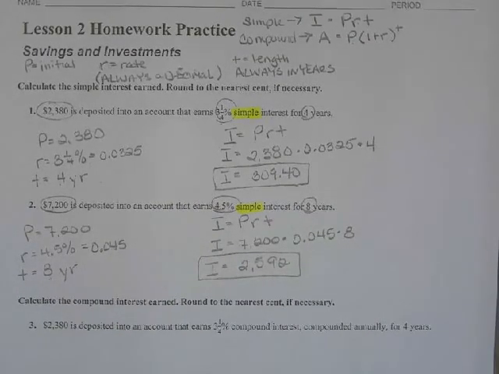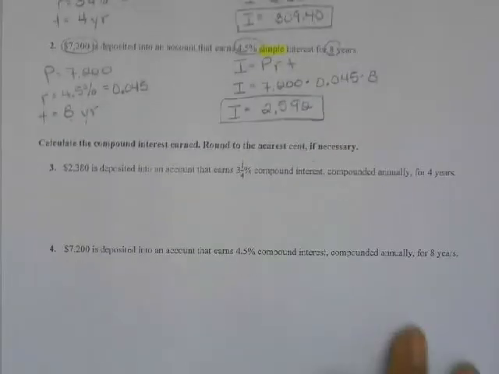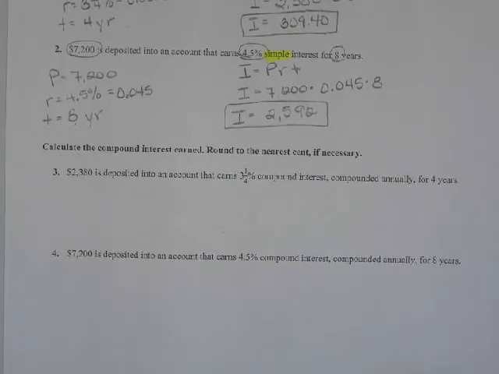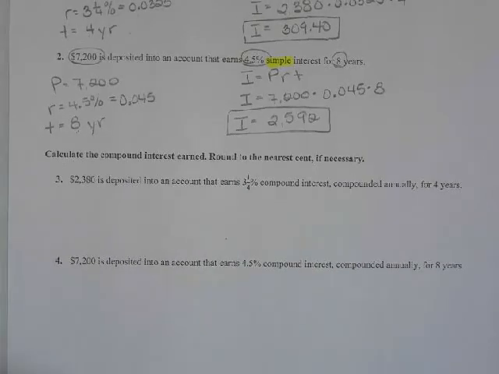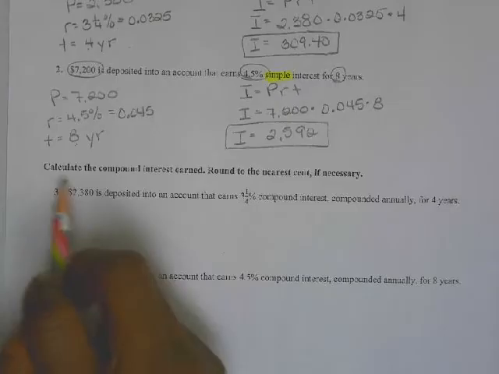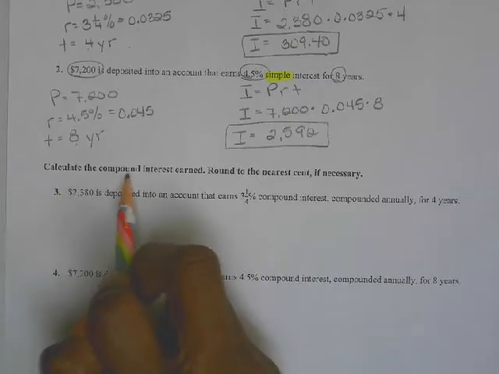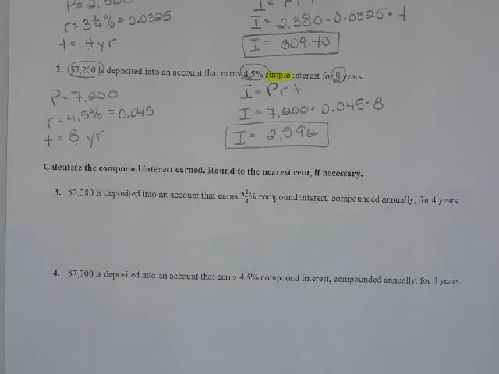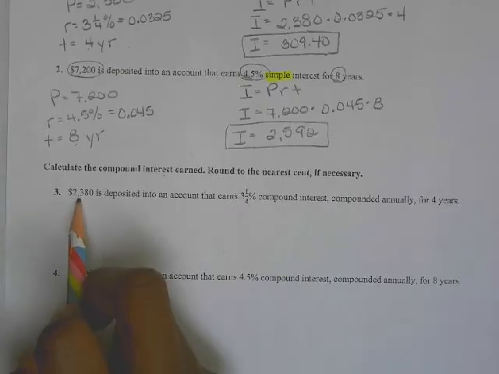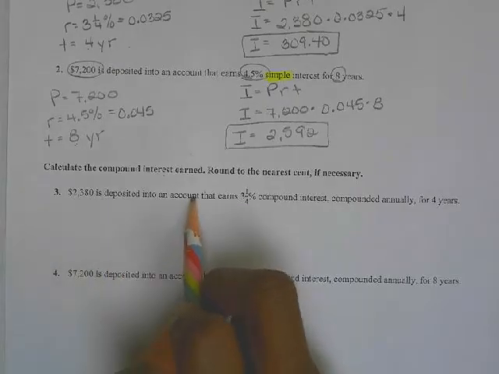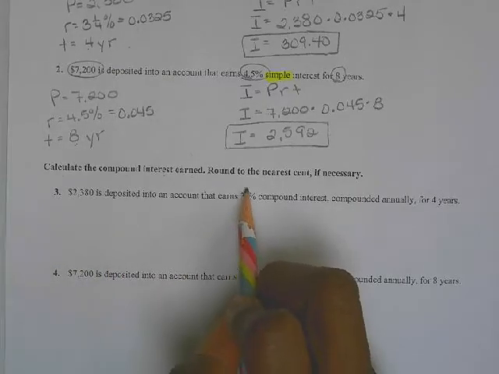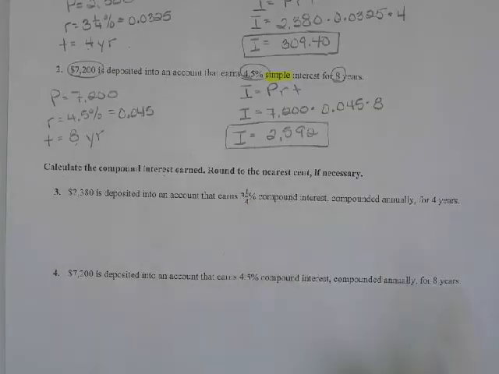All right, so let's go through and we're going to look at these other ones, and they're the same questions, but we switch the kind of interest in. So we get a little bit of cheat codes in here. So look, calculate the compound interest earned, round to the nearest cent. So I still got my $2,380 is deposited into account that earns a 3 1/4% compound interest.